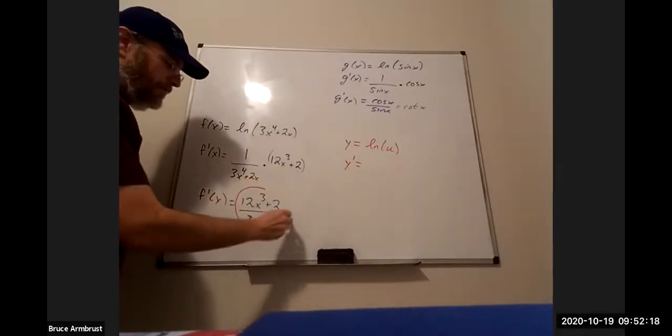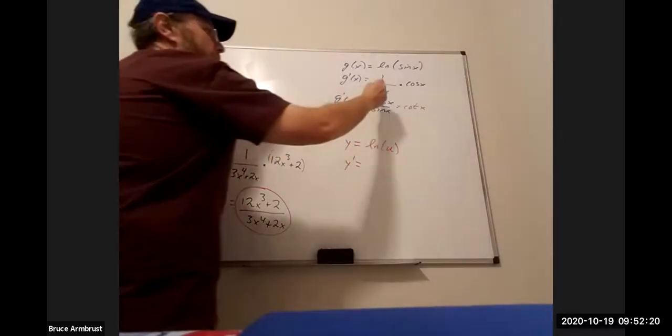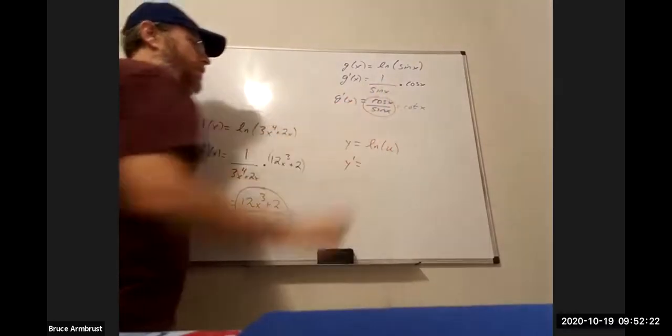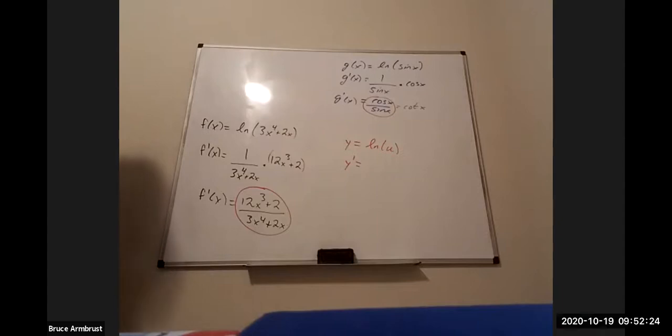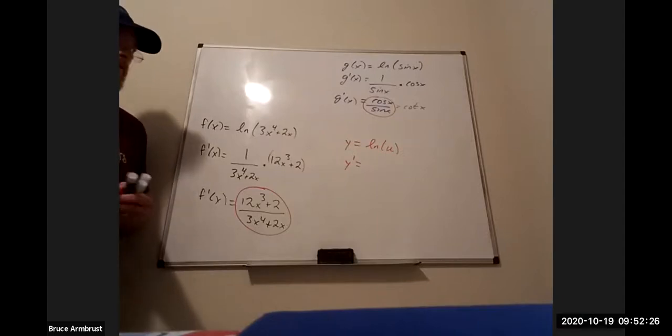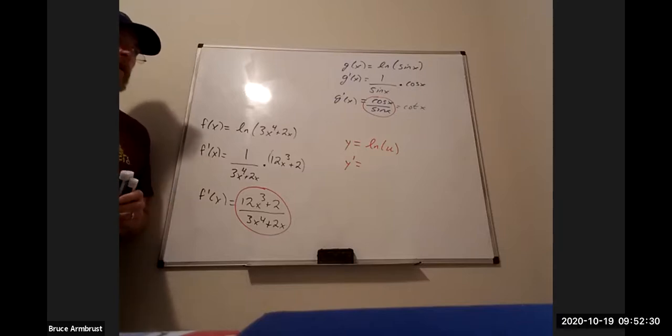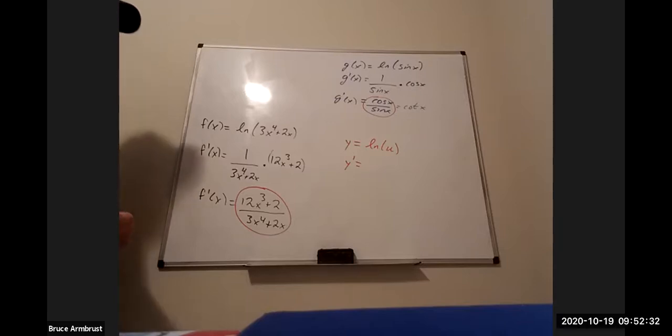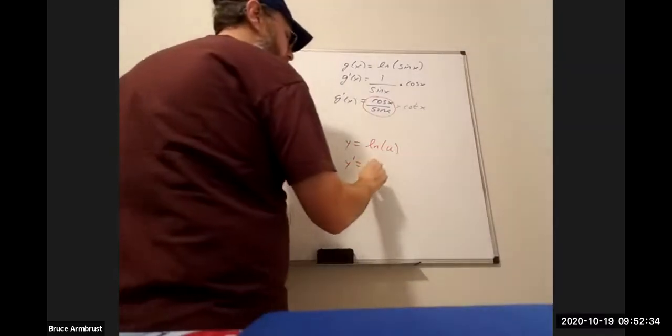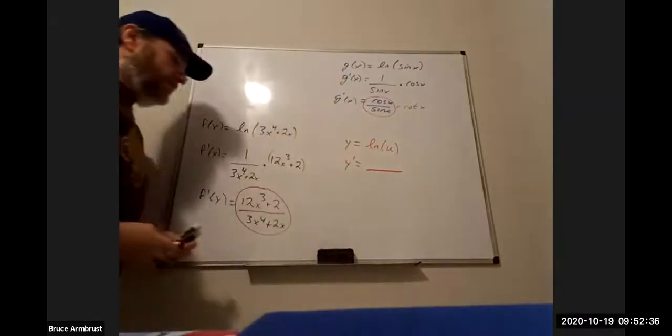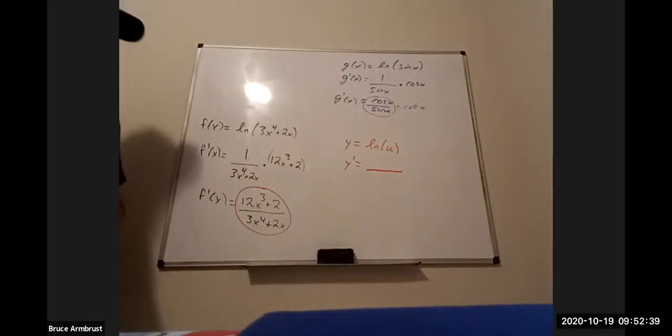So here was the first one. Here was the second one. So the first pattern I want you to see is that we got a fraction both times. So there's going to be a fraction here. What goes on the bottom?